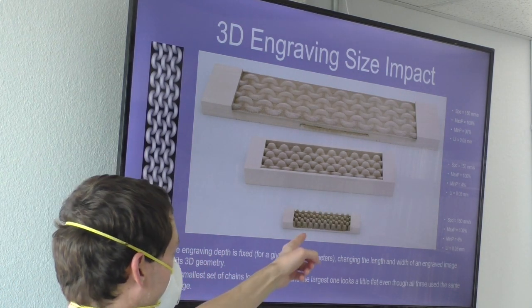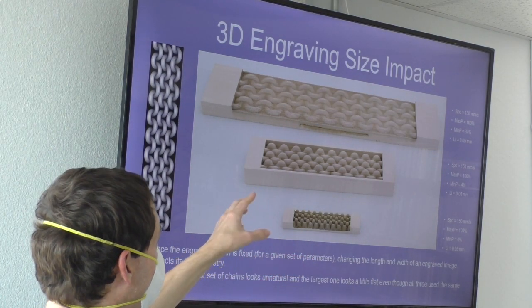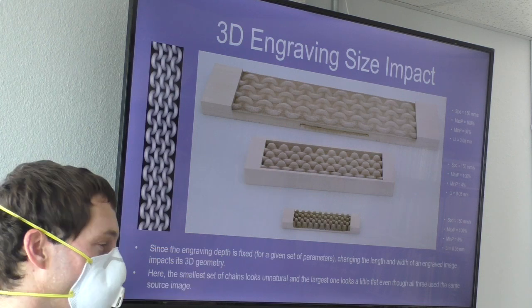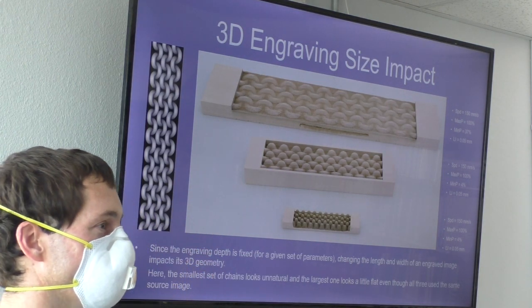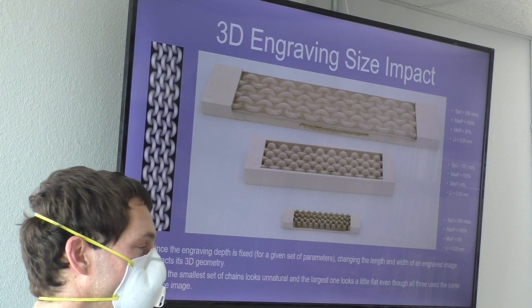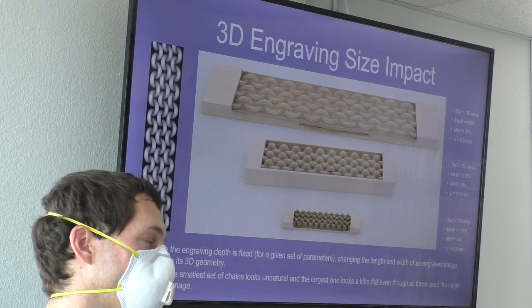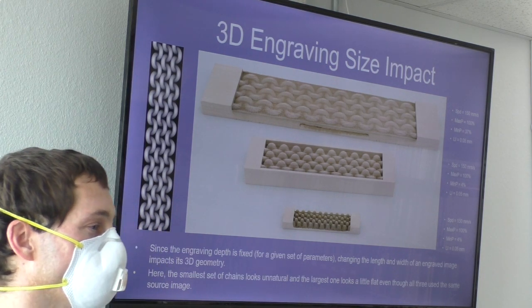So this one doesn't look like chains. That one pretty much looks like chains, maybe a little too tall. That one's kind of flat. The only difference was the physical size. The big one used a different min power, but that just makes it a little more shallow. So in other words, you have a fixed Z. You've got a fixed thickness, so if you scale it bigger, it's going to make everything look flatter.